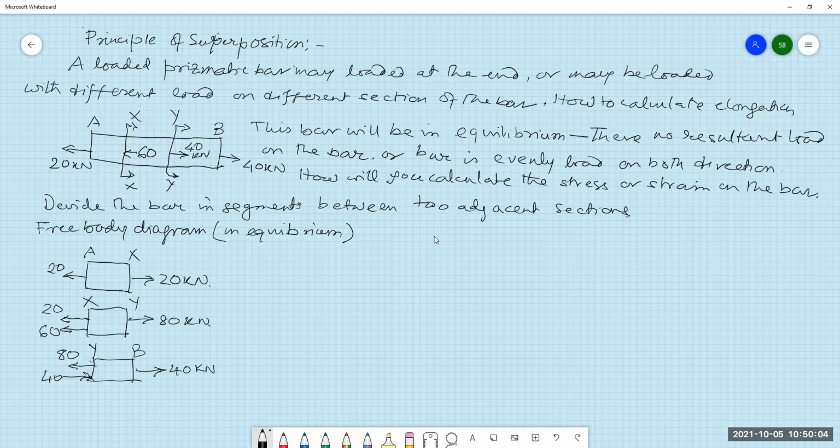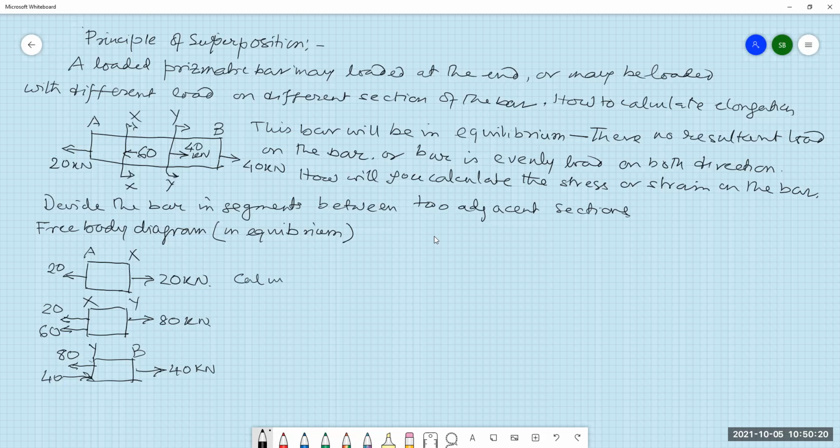Here, the force acting is 20 kilonewton on this section. Here it is 80 kilonewton and here it is 40 kilonewton. This is tensile, and this is also tensile. So we have to calculate the stress here and strain here.